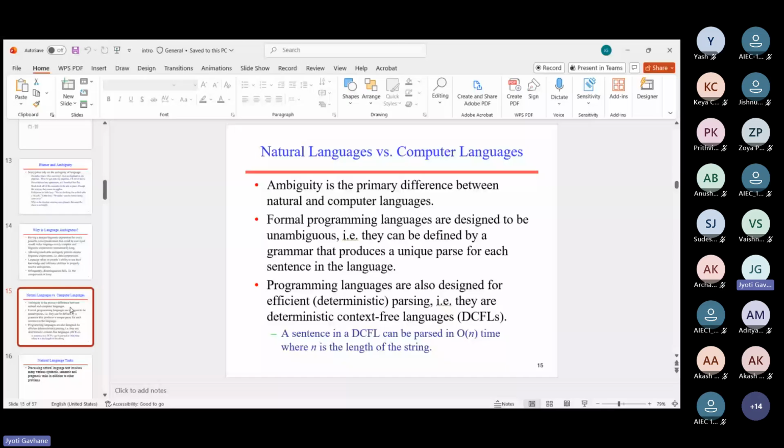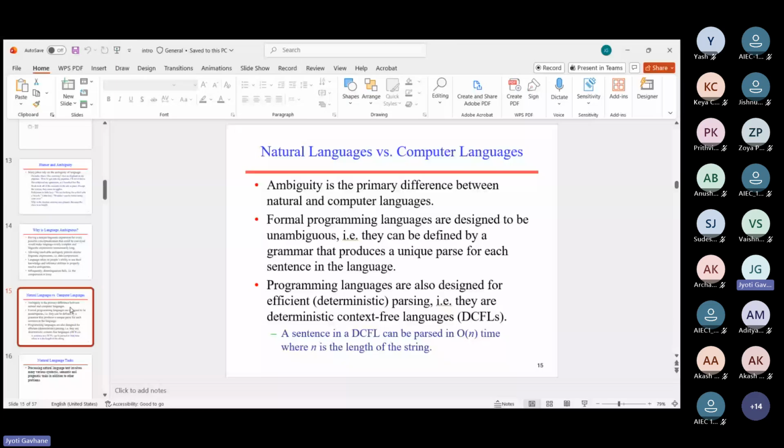Then and only then will the machine understand. So that could be predicate logic, propositional logic, or a semantic network. These are the different types of representation when we say knowledge representation, right? So the same thing you have to apply to formal programming languages.